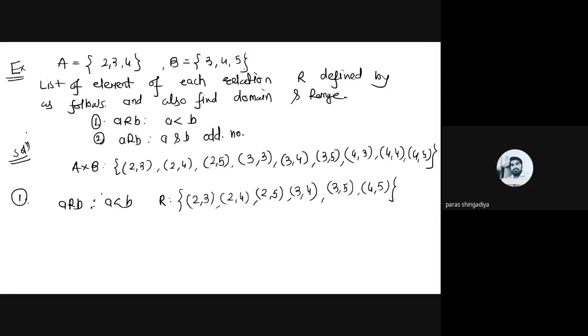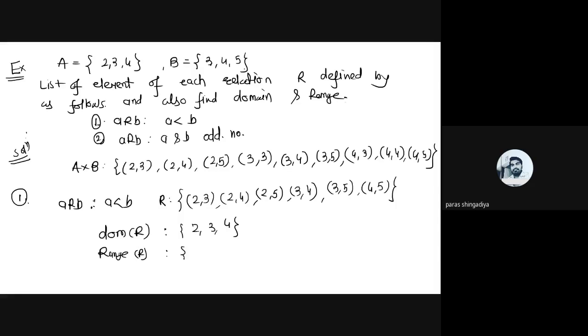And then after that we'll check the domain and range of R. The domain is equal to the first entry of each pair. So it is 2; it is repeated, so we'll consider it only one time. Clear? 2 is repeated 3 times here, so we'll consider it only once. 3 is repeated 2 times here, so we'll consider it once. 2, 3 and 4 is the domain.